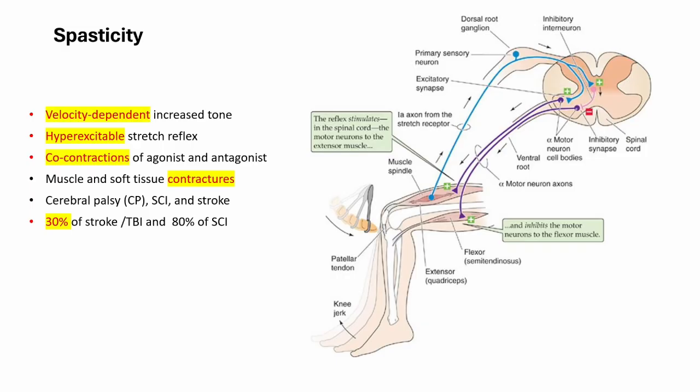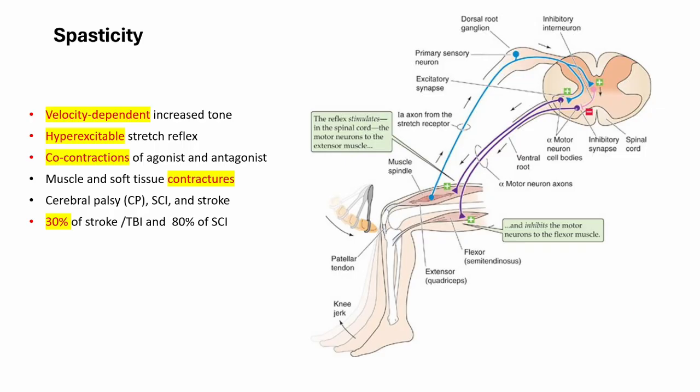To be able to manage post-stroke spasticity, it is important to understand the pathophysiology of spasticity. It is the reduction in the inhibition of the upper motor neuron on the lower motor neuron, which results in a velocity-dependent increase in the tone of the peripheral muscles with hyperexcitability.